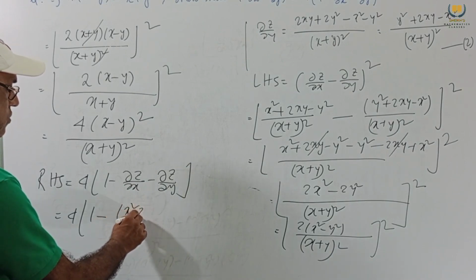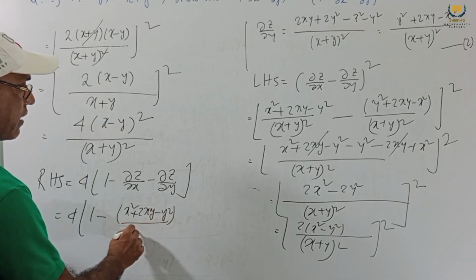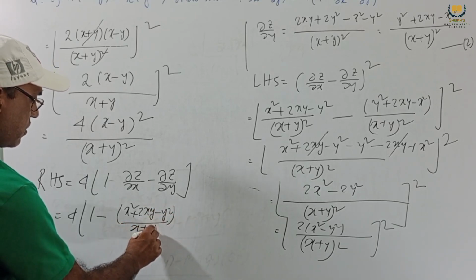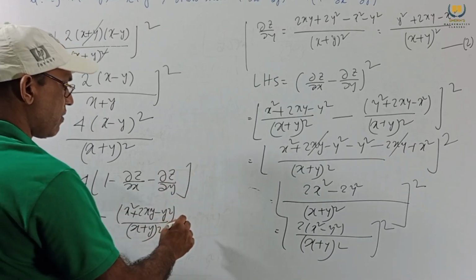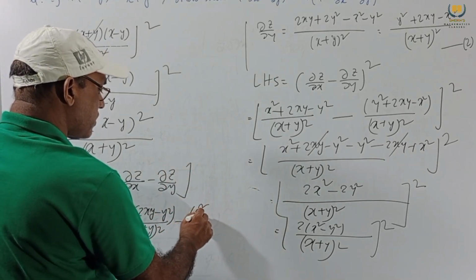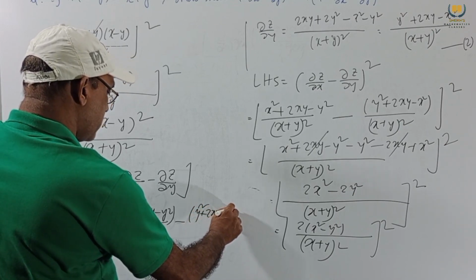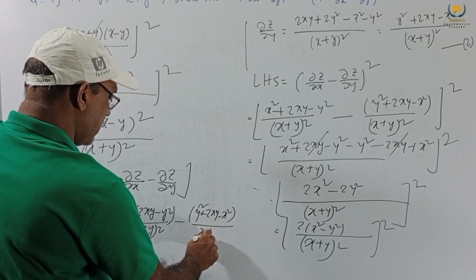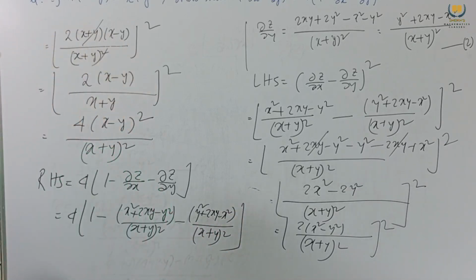This is (x square plus 2xy minus y square) by (x plus y) whole square, minus del z del y. This is (y square plus 2xy minus x square) divided by (x plus y) whole square, this one.